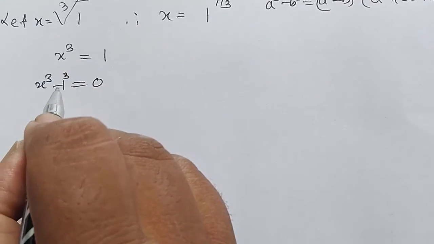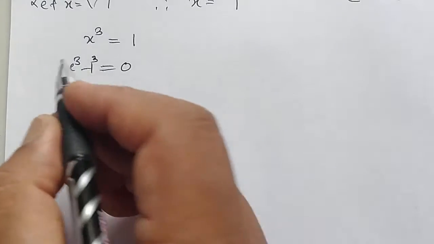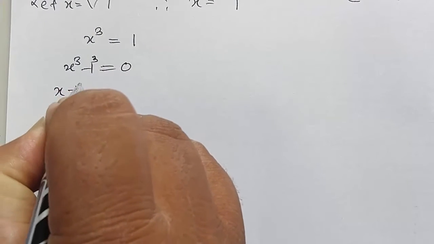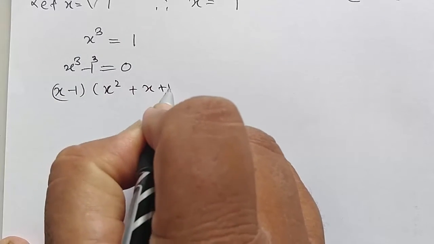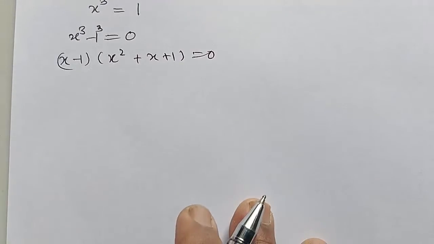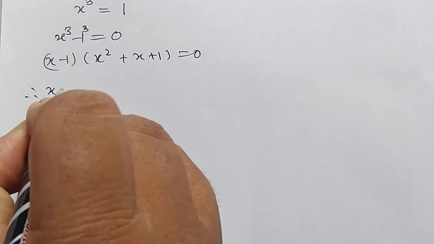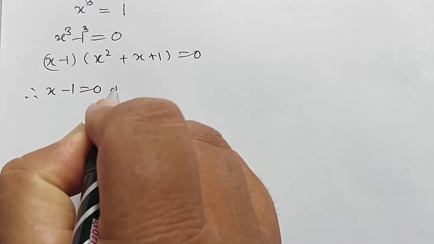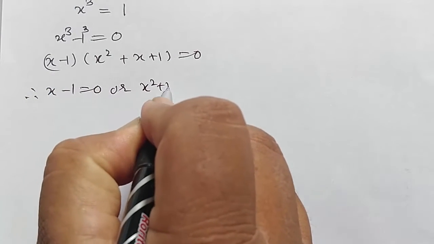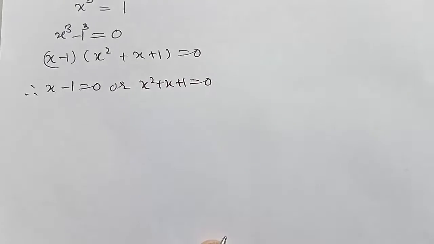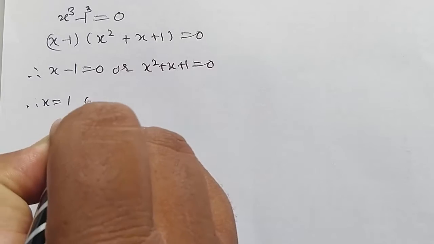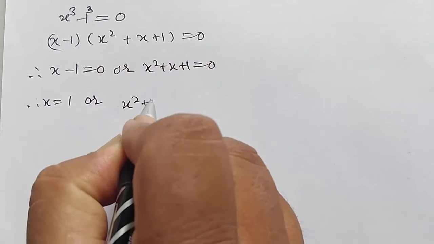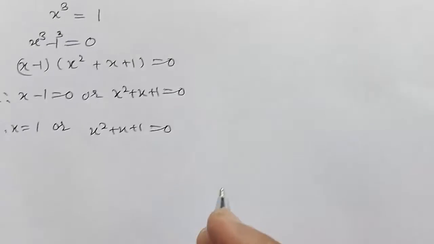Similarly, we factorize x cube minus 1 cube. The first factor is x minus 1, the second factor is x square plus x plus 1, equal to 0. Therefore, x minus 1 is 0 or x square plus x plus 1 is equal to 0. Therefore, x is equal to 1 or x square plus x plus 1 is equal to 0.